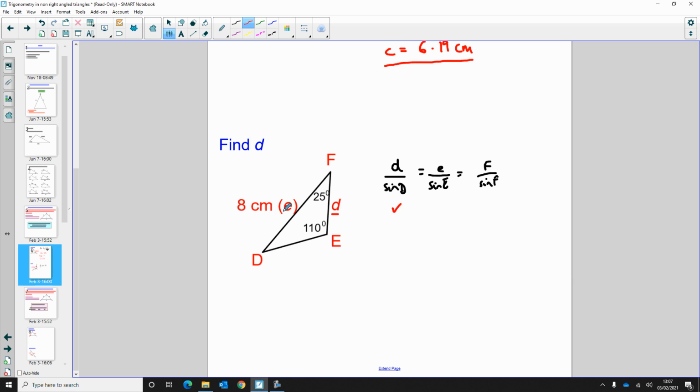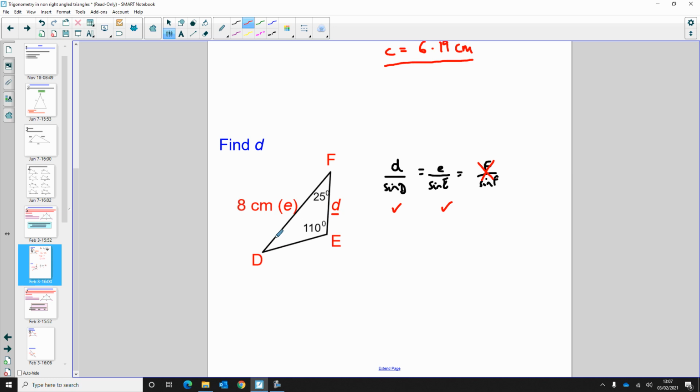We've also got information for e, both the angle and the side. We've also got a bit of information for f here as well, but I'm actually going to ignore that. I'm going to cross that out.